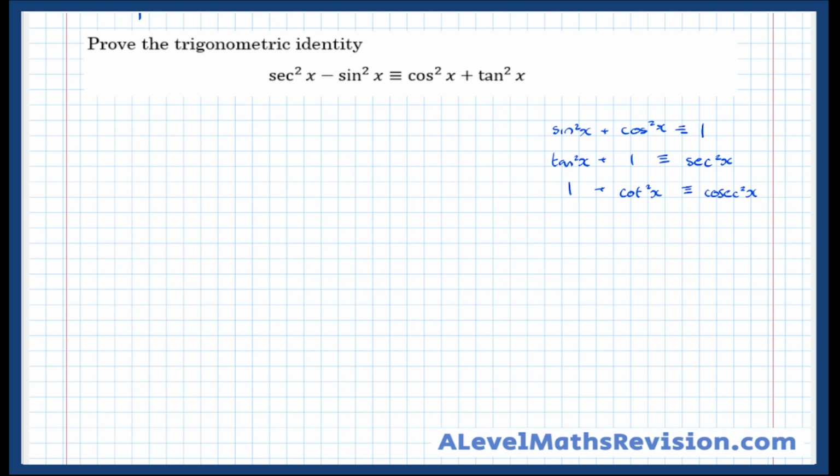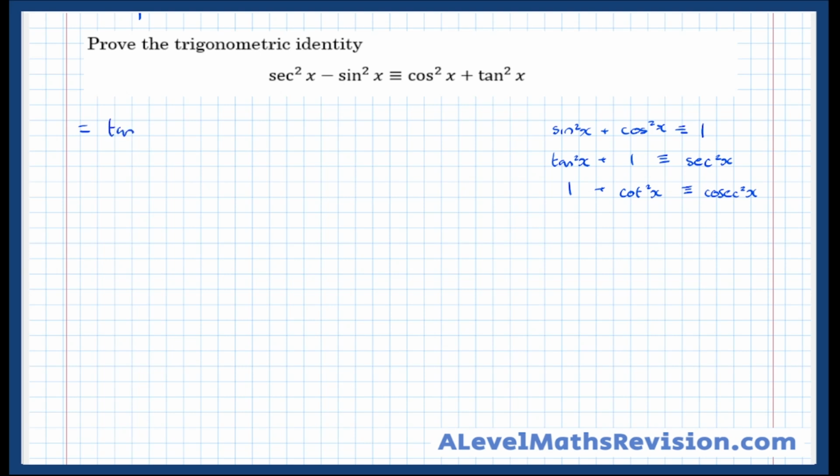So my technique on these is to think what appears in the question that shouldn't be in the answer. So I don't see a sec squared in the answer, and I don't see a sine squared in the answer, so we should aim to eliminate them and hope that it gets us to where we need to be. So sec squared x, I can replace with tan squared x plus 1, and always start with the left-hand side and work towards the right-hand side. Don't write the right-hand side out until you've obtained it.